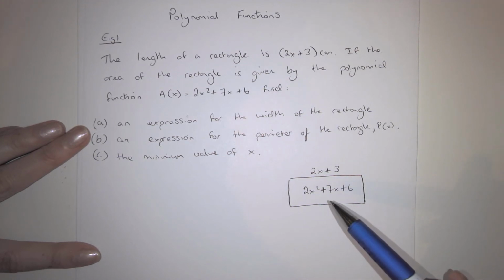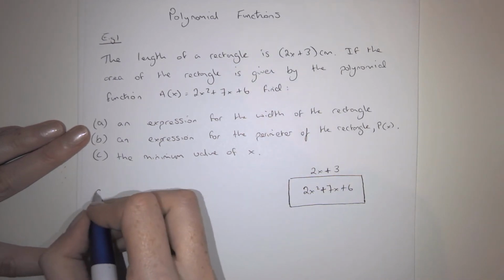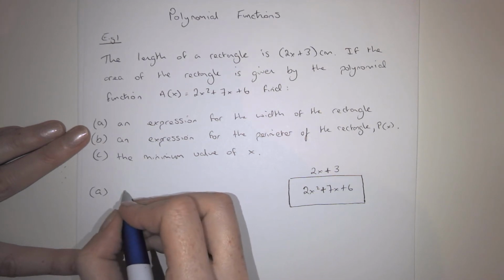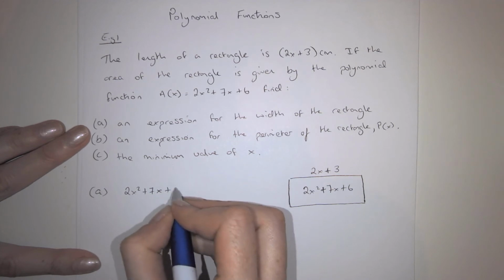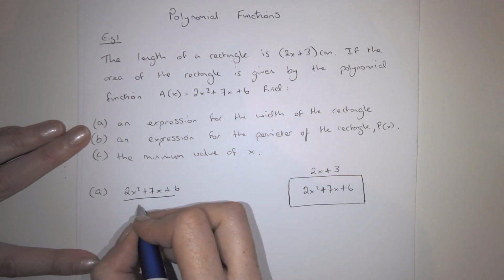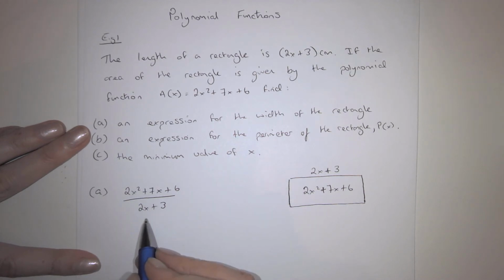So that's exactly what I'm going to do here. There's two different ways of doing that. You can use long division, or you can just use a simple factorizing method. So I'm just going to use the factorizing method, 2x squared plus 7x plus 6 all over 2x plus 3. So again, we're just dividing the area by the length.